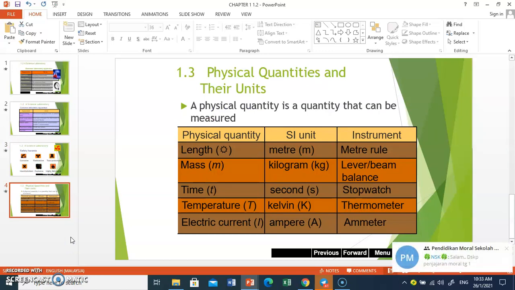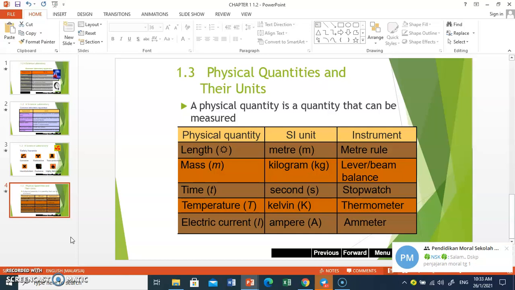So now we're going to learn and identify the correct units for different physical quantities. Recall the measurements that you have learned in primary school. A physical quantity in science is defined as a physical characteristic that can be measured.